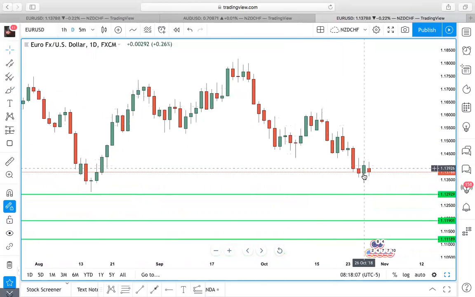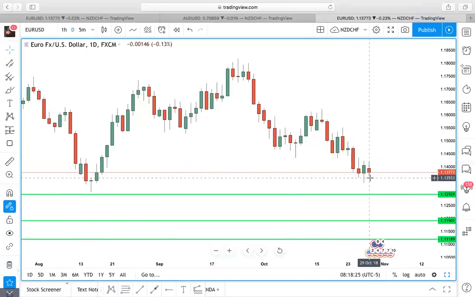Inside bar, currently we're forming, or sorry, I keep saying it backwards. Outside bar here, potential inside bar. So if this price keeps coming down, most traders, and you're going to see people on social media posting to short this.